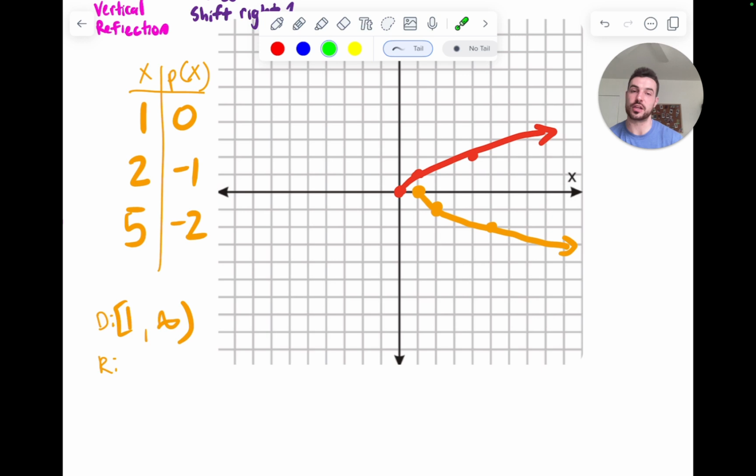And therefore, now we can look at the graph and see that our range values go down. So the lowest we are going to go is -infinity. It's going to continue to move to the right, but also down as we go. And the highest it is going to go is 0.